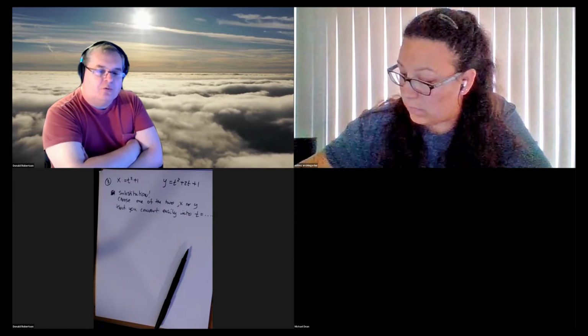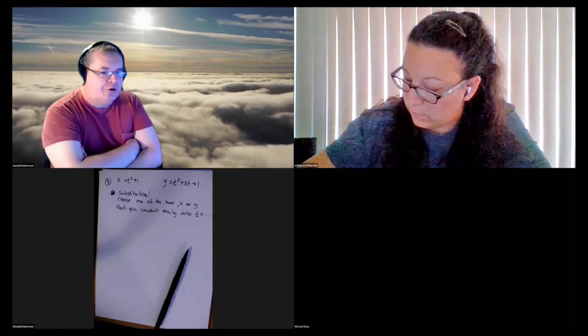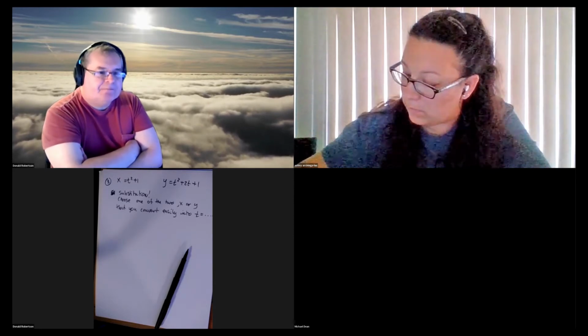Right, so I'm looking at the two equations, x equals t squared plus 1, and the other one is y equals t squared plus 2t plus 1. One of those equations I can turn into a t equals without too much trouble, and the other I don't even want to go near, right? Which one of those two is the easiest to convert?